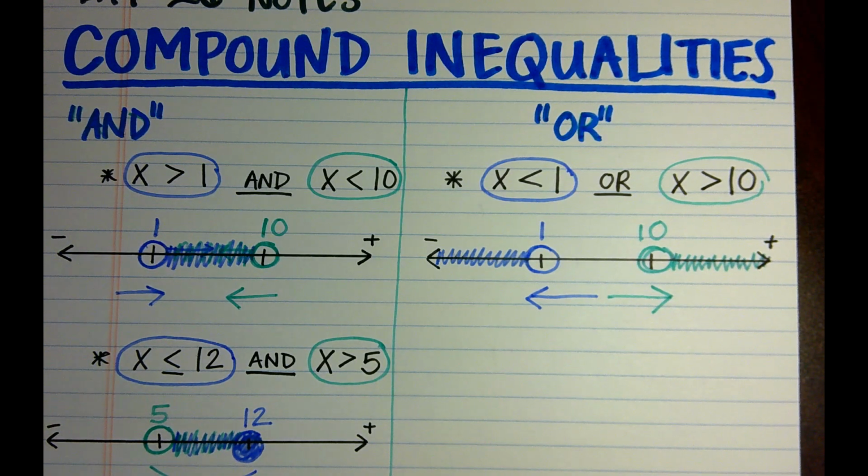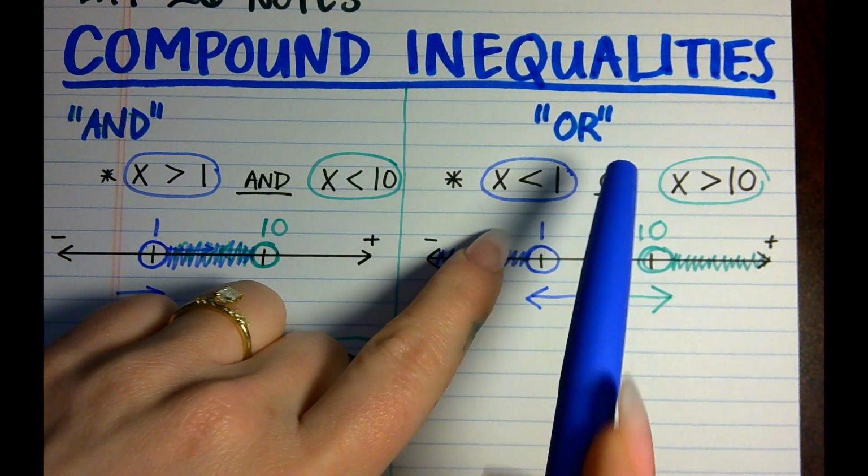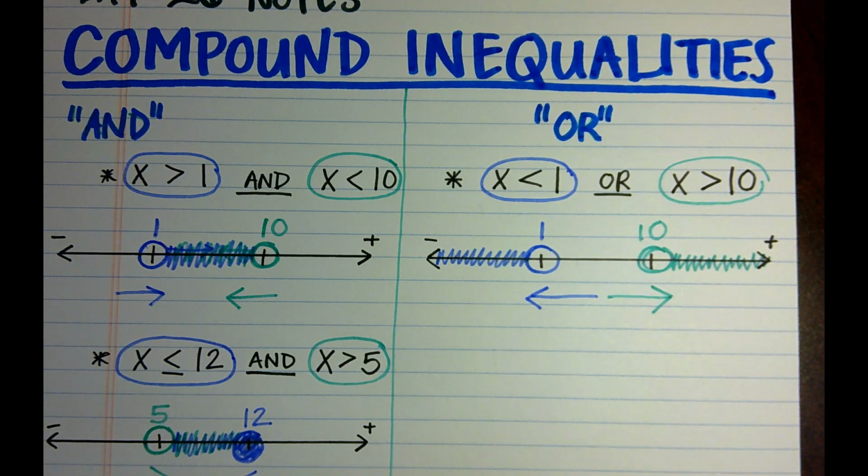I also know that and is usually a word that we use to combine things. When you say this and that, it usually means this and that are together. When you say or, it's usually referring to options. I want that or this, and they're separate. So there is an or inequality.